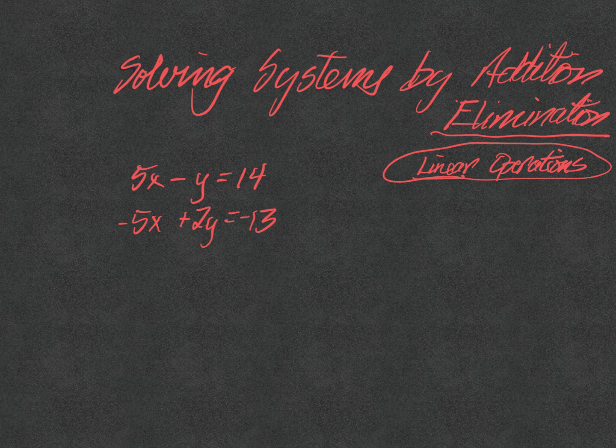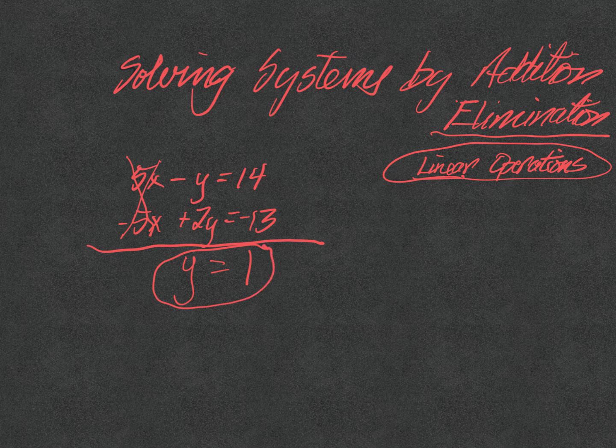If you look at these two equations and you add them together, notice the 5x plus the negative 5x is 0. They eliminate the variable x. The negative y plus the 2y is y, and the 14 plus the negative 13 is 1. So we have now found out that y equals 1.